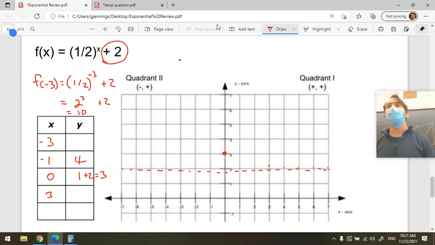Sorry, Cassidy? They're not humongous. 32? It's 2 to the 5. 1 over 32. This is when I have x is 5, I have 1 over 2 to the power 5.